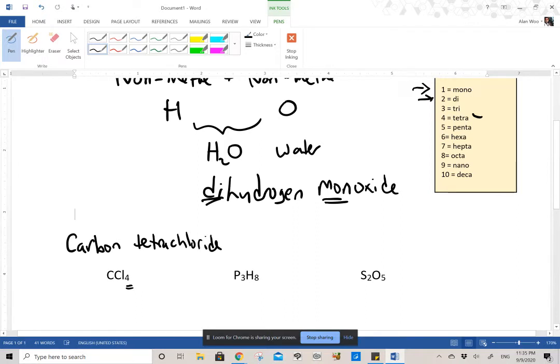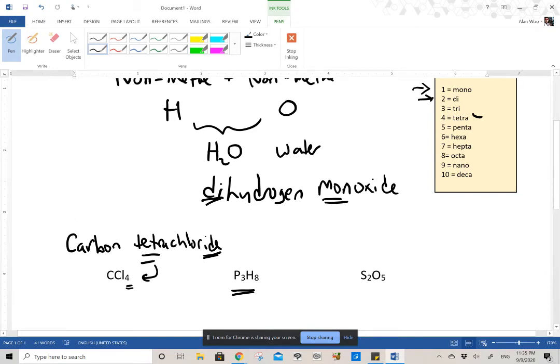Cl is chlorine. We drop the INE ending and replace it with IDE, so it'll be chloride. The tetra refers to the 4. So tetrachloride just means you have 4 chlorines. Carbon tetrachloride means you have 1 carbon, 4 chlorines. That's all it is.